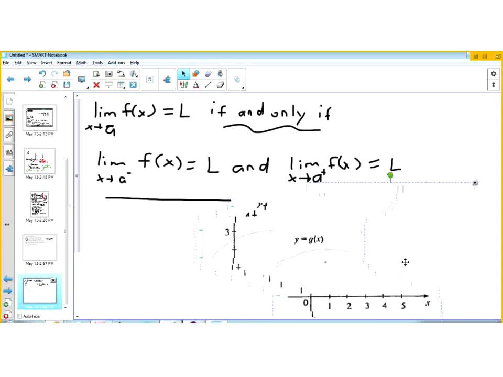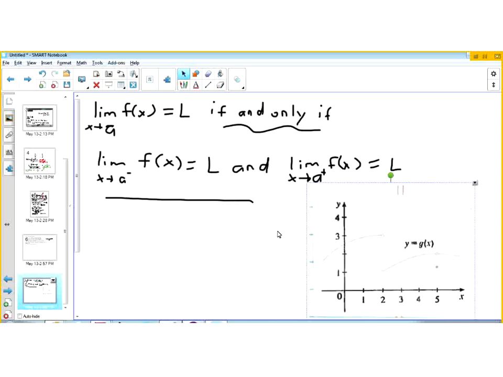So let's consider now y equals g of x. And I'm not giving you any numbers for g of x. It's just a relation, a functional relation. So let me accentuate it so you can see it better, because it may not show up very well on YouTube. So we have this arc right here. And then we have a hole right here. And then we have a hole right here. And then it goes like this.